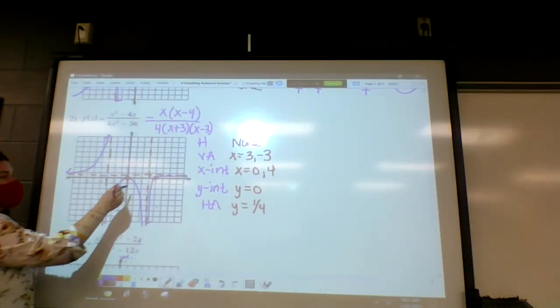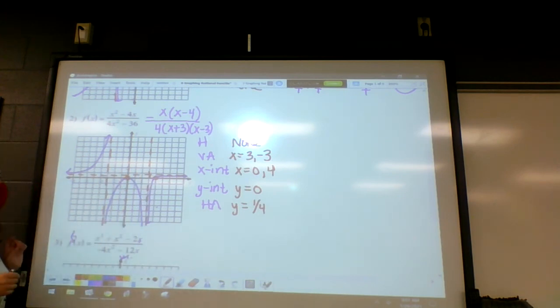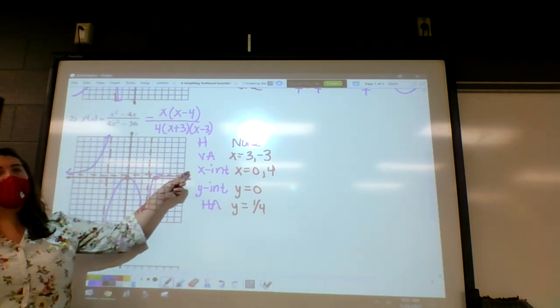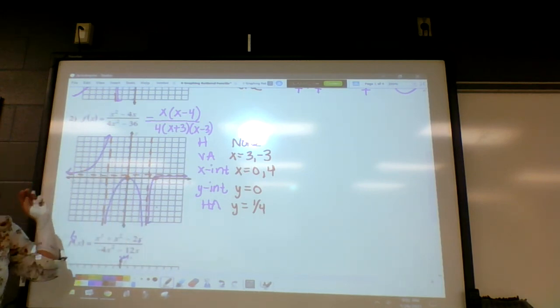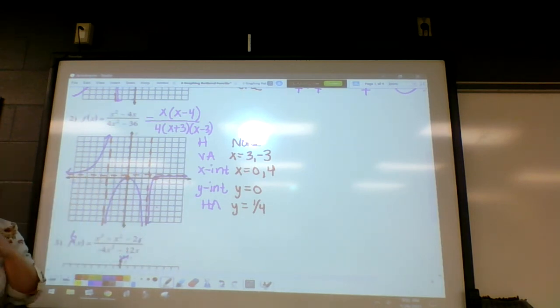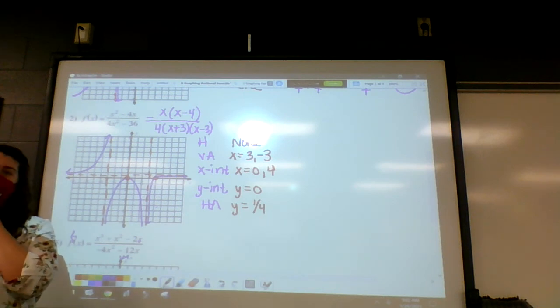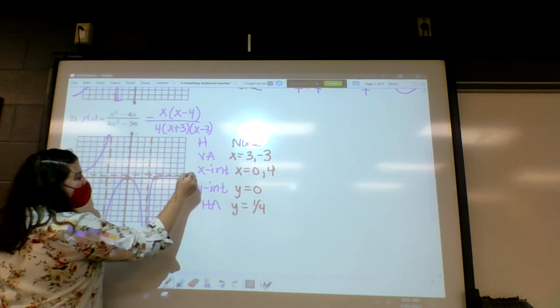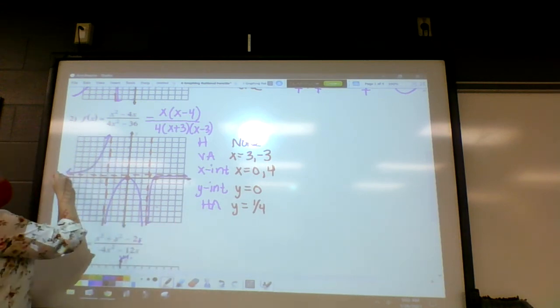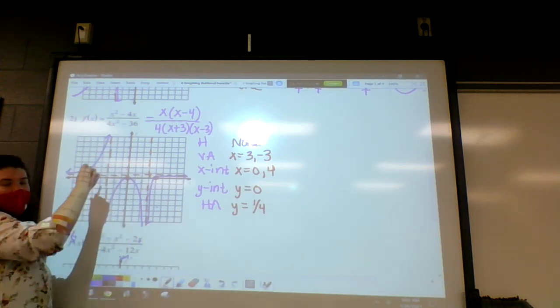And when you cross it, it will most likely be in the middle because horizontal asymptotes is what's happening at the ends of your graph. It's where the graph is going at the ends. It doesn't tell you anything about the middle. Absolutely nothing about the middle, unfortunately. But it is going to tell you this end piece here, and it will tell you this end piece here, but it does not have any impact.